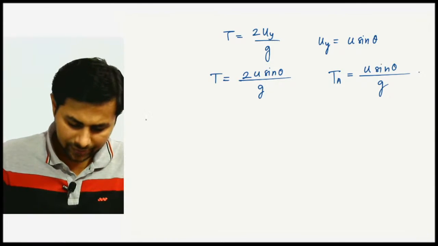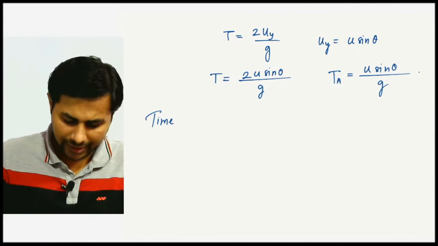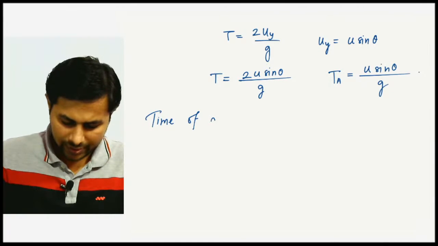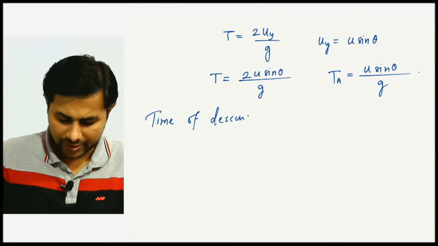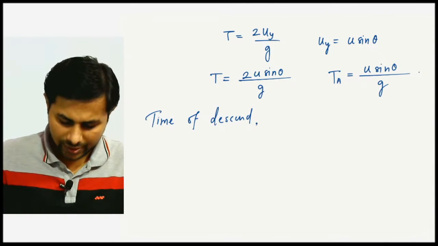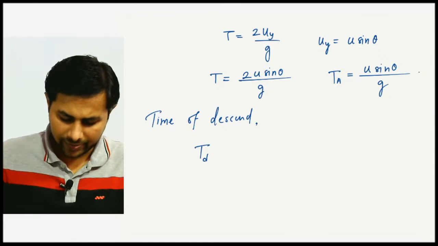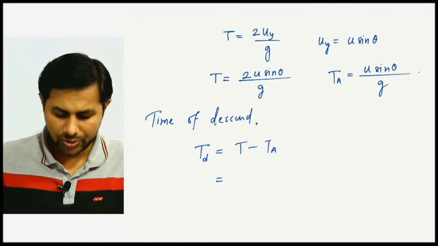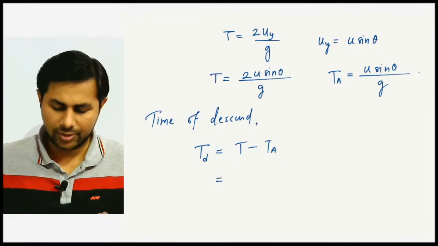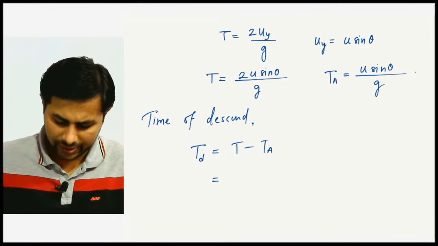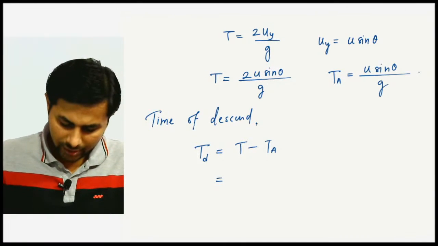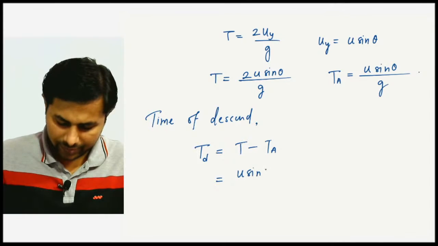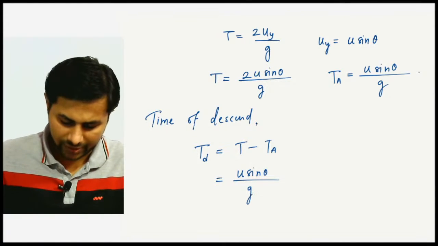So Td equals T minus Ta, and that is equal to 2u sine theta divided by g minus u sine theta divided by g, which is u sine theta divided by g.